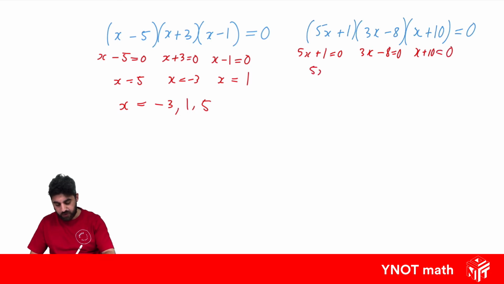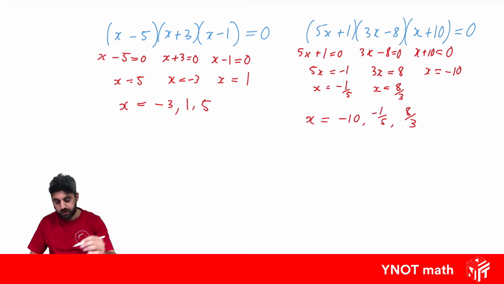Here we can minus 1 from both sides, then divide both sides by 5, so we get minus a fifth. Here we can add 8 to both sides, then divide both sides by 3, and here we can just subtract 10 from both sides. So this is going to give us x equals minus 10, minus a fifth, and 8/3 as our solutions.